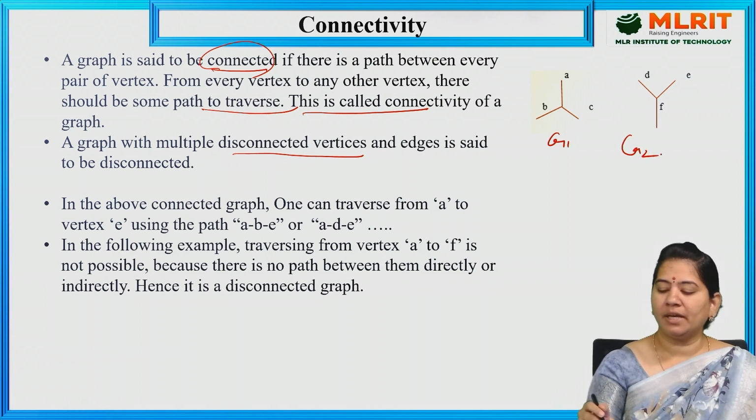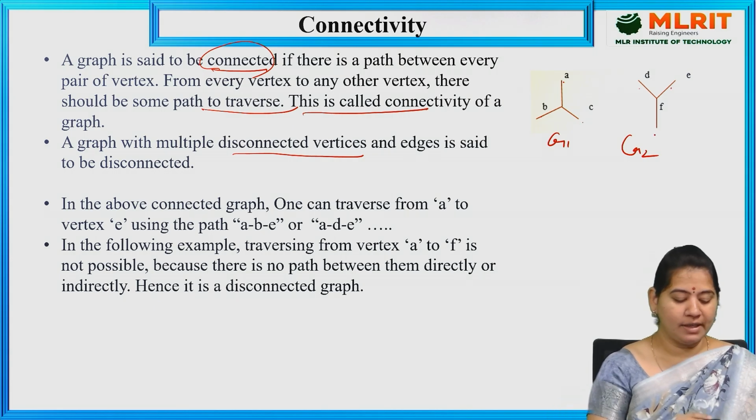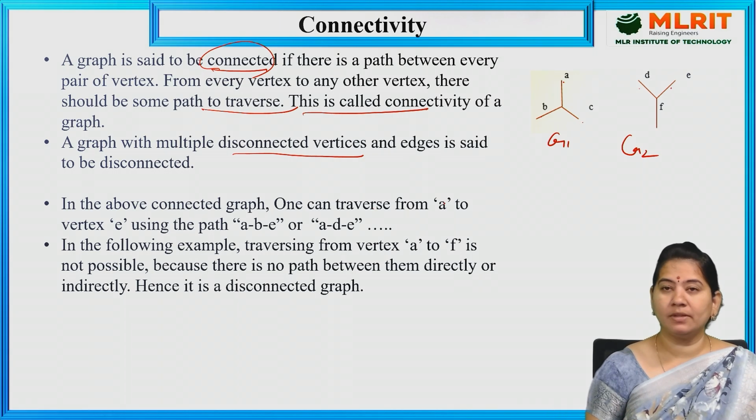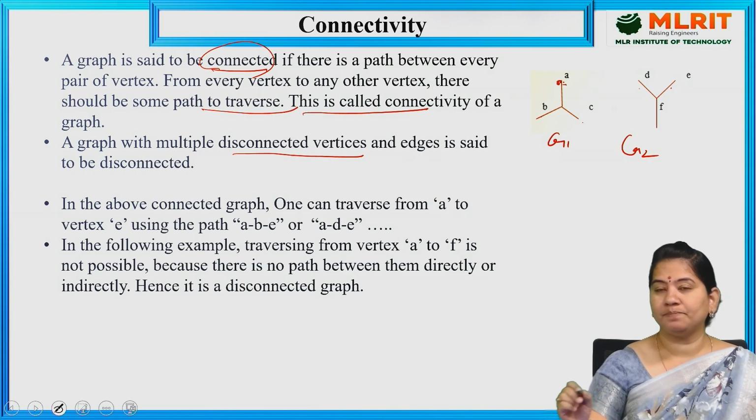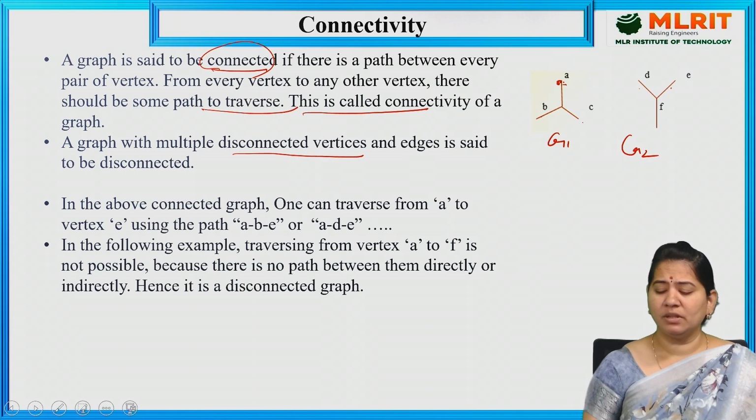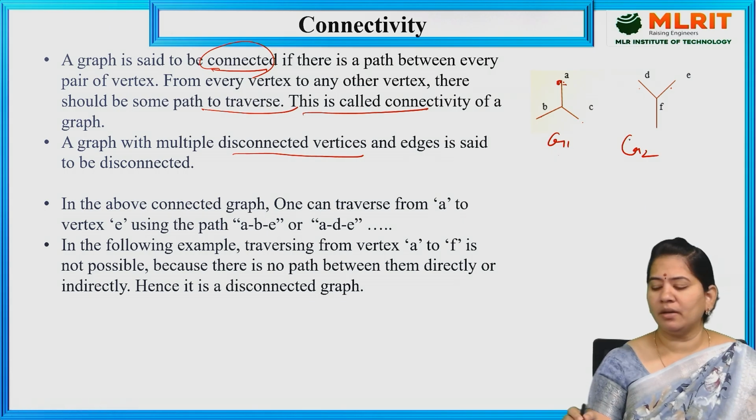In G1 I have the vertices A, B, C, and in G2 I have D, E, F. One can traverse from A to vertex E. But how is it possible? Vertex A is in G1 and vertex E is in G2.